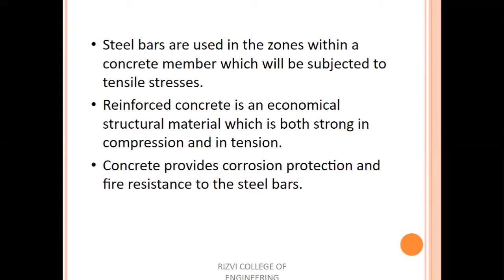And then reinforced concrete is an economical structural material which is both strong in compression and tension. So that is the reason we have combined both these materials. So the material which we are getting is economical as well as strong in compression as well as in tension. Then concrete provides corrosion protection and fire resistance to the steel bar.